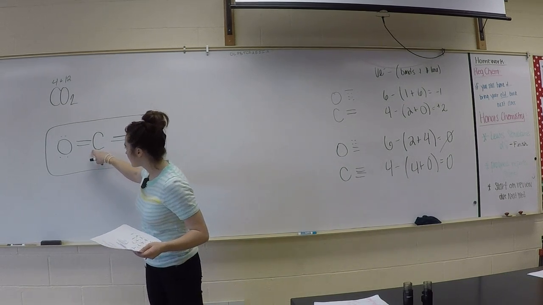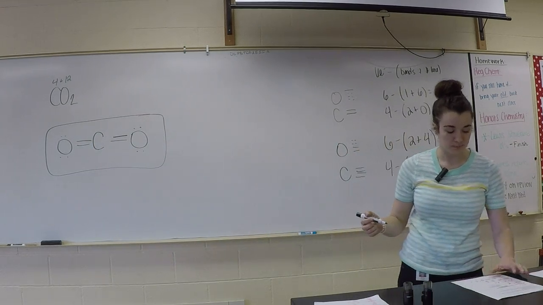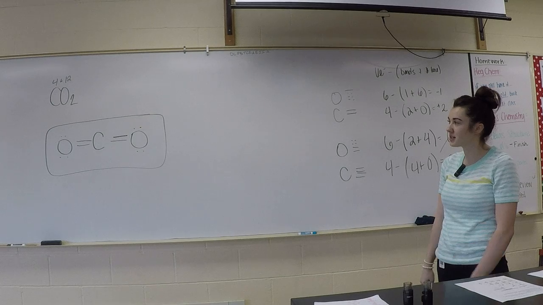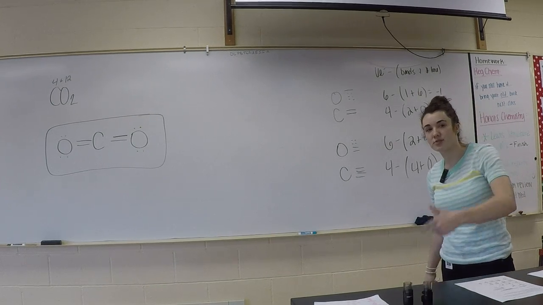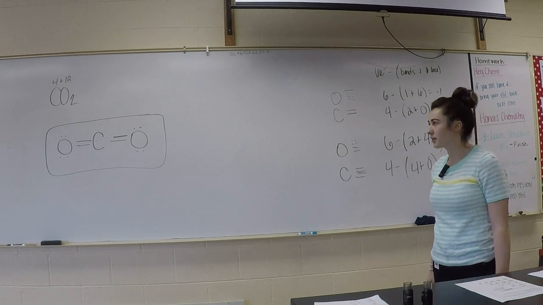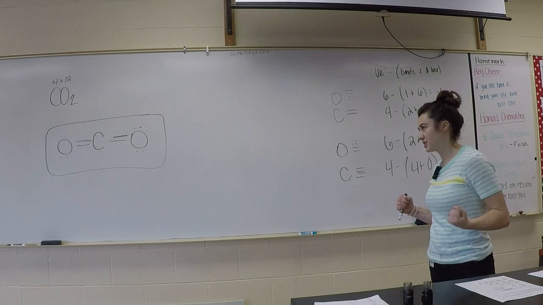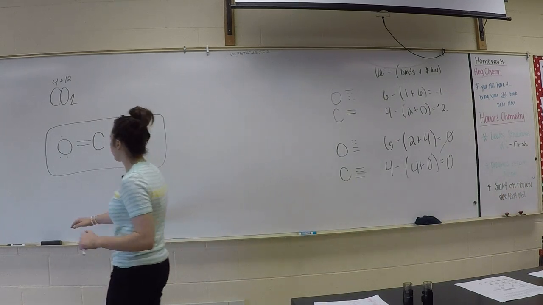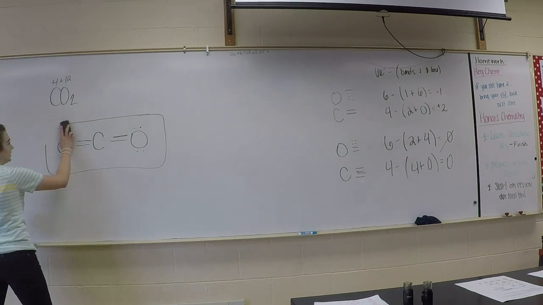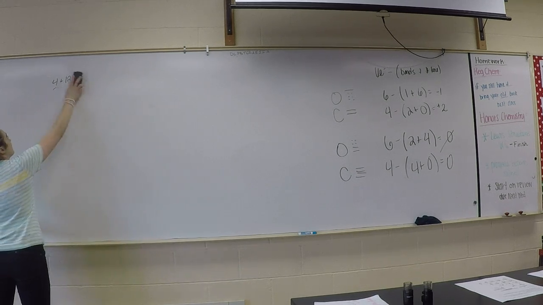We just count this as having 2 things attached to the center, even though they're double bonded together. Do you think double bonds are stronger or weaker than single bonds? Stronger. They are stronger. Do you think a triple bond is the strongest or the weakest? Strongest. Right? They're extra strong. So this is linear, and that was its geometry.